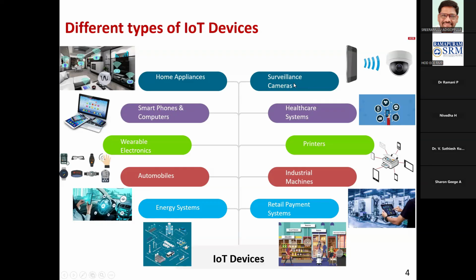For surveillance camera, the camera feed can be connected to a cloud and it can be monitored from a remote place. Healthcare systems, printers, industrial machines can be controlled, and for retail payments also it is possible to have IoT devices. So these are some of the IoT devices which I quote here. Now let us see what is an IoT device, what it should have and how it should be configured.